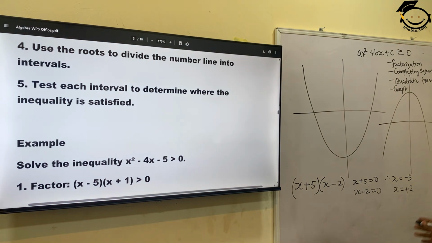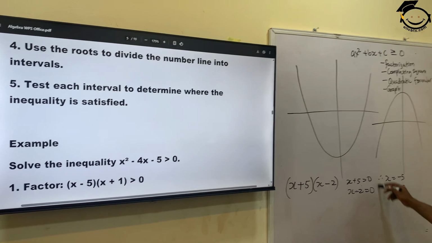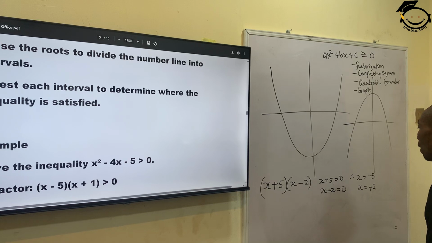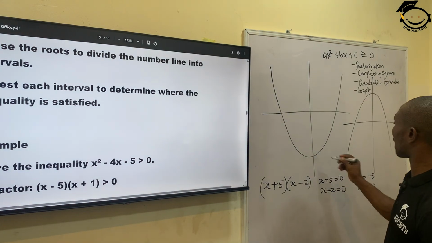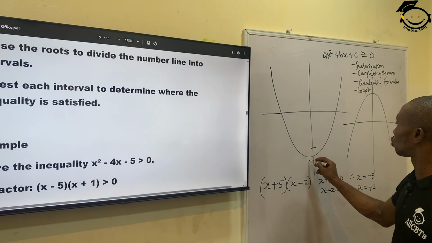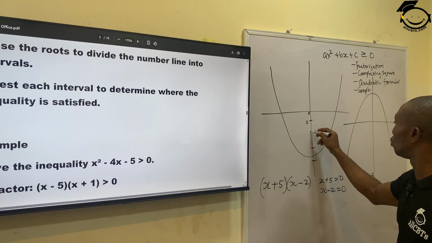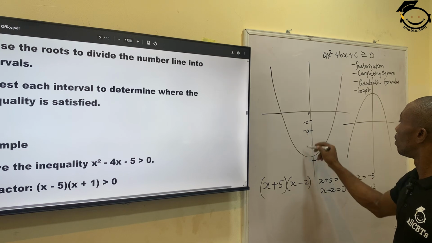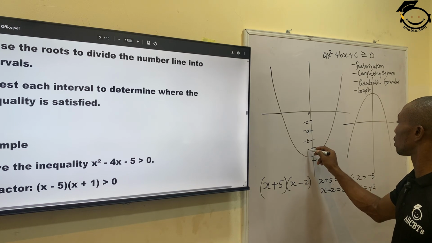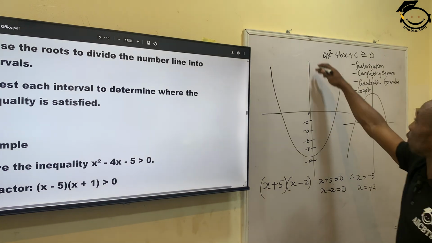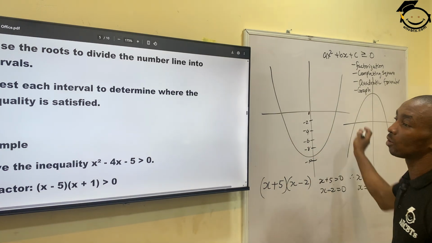You use these factors to divide your line into intervals, where you can do it as divided by 2. This will become 0, which is the point of origin, 2, 4, minus 6, minus 8, minus 10, and so on. Same thing for the positive side for the x and y.